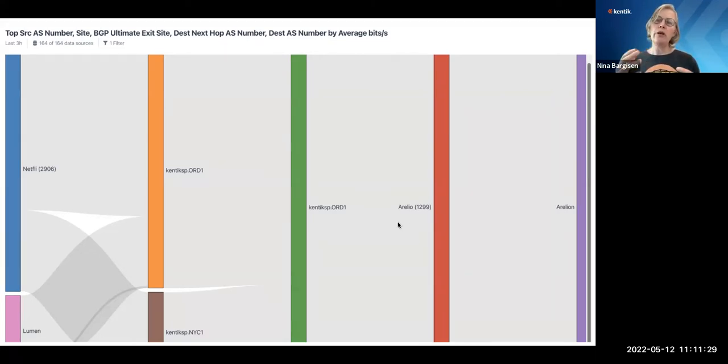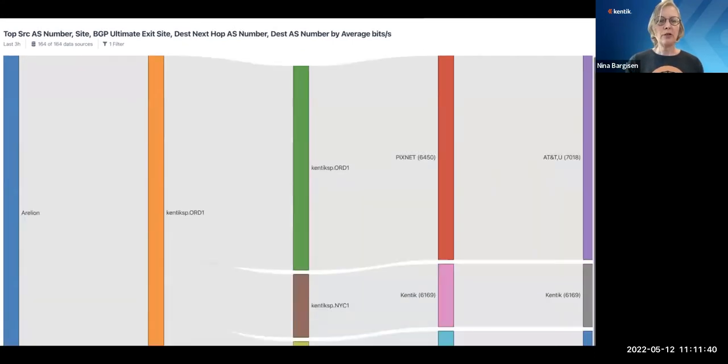If we turn the query around and look at traffic originated in Arelion and going to us, the picture looks like this. Traffic coming from Arelion goes into our POP in Chicago. Some of it is routed to New York City and then handed off to us, and some of it is handed off already in Chicago and then goes to AT&T.